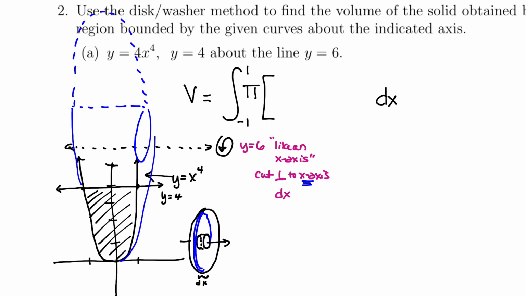Okay, now this is the tricky part, because now we have our big radius and our little radius. Our big radius is always measured from the axis of rotation. If my axis is here, I have to take my radius from this point here. Are you with me, everybody? I know the shape goes all the way around, but I want to focus on the black shape that we graphed.